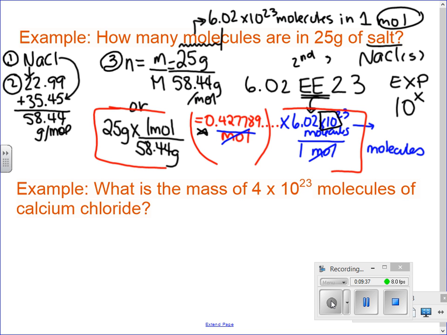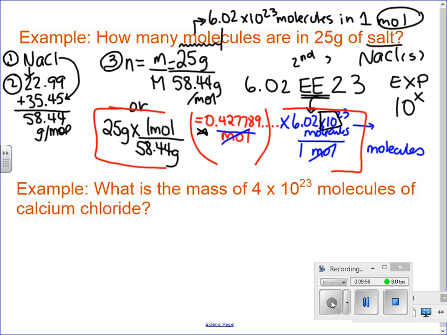So I don't need to see your intermediate answers. You can just show me the calculating that you were doing. The last thing then that we would do, so we'd take our 25 divided by 58.44 number.